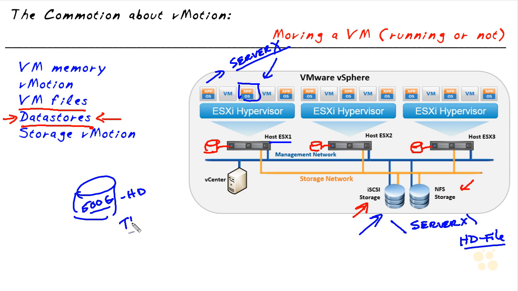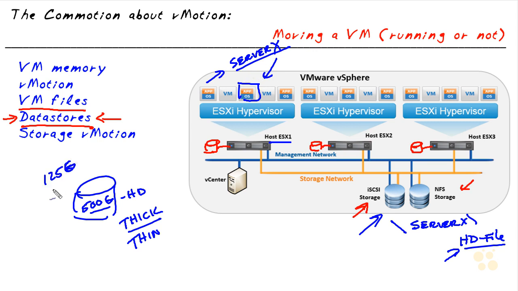And if we are doing thick provisioning, as we talked about in our previous video, thick provisioning for a hard drive means that we're actually going to tie up 500 gigabytes in our data store if a virtual machine has been allocated a 500 gigabyte hard drive. Or if we use thin provisioning, we're only going to use up as much space in our hard disk file as the actual virtual machine is using.